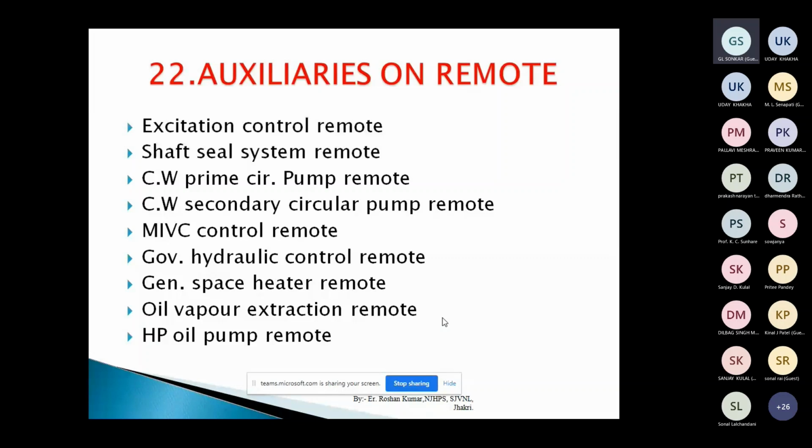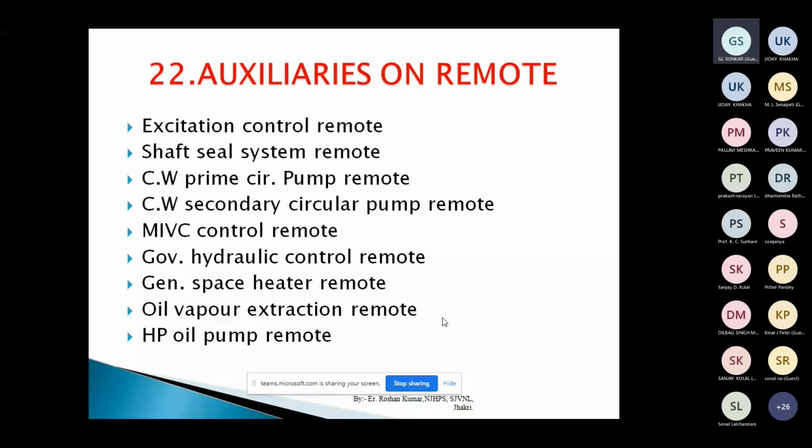So for that, when the machine is in standstill condition, there are some room heaters, like we have in rooms, in the generator stator assembly. They are installed there. So when a machine is in the shutdown or standstill condition, the space heater is always in the on condition. If you want to start, you have to switch off the space heater.